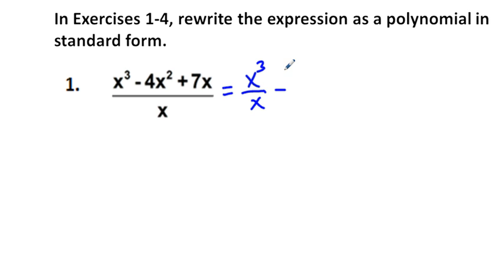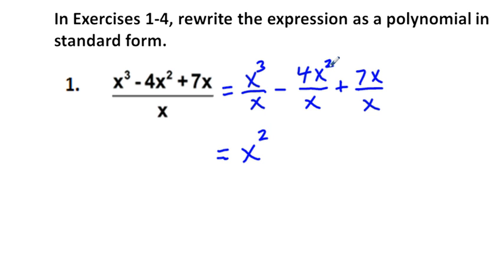So we have x cubed over x minus 4x squared over x plus 7x over x. And x cubed over x is like x to the third power divided by x to the first power. That's rules of exponents. That's going to end up being x squared.